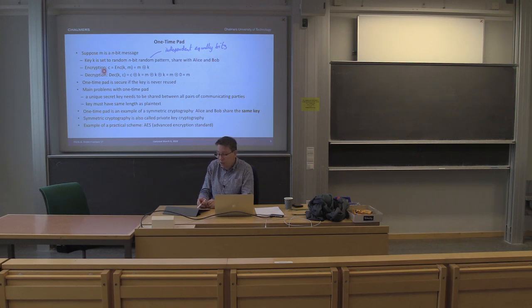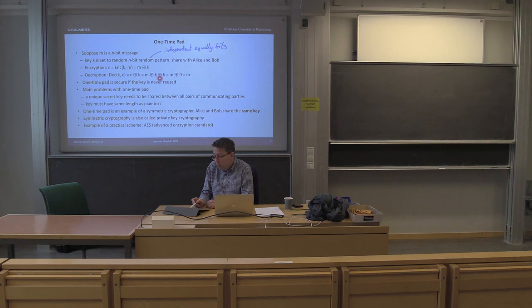Then encryption is very, very simple. We basically take the message and we do XOR with the key, and that's our ciphertext. Decryption is equally simple. We take the ciphertext and we take the XOR with the key. Why does this work? Well, it's because the ciphertext is m plus k.